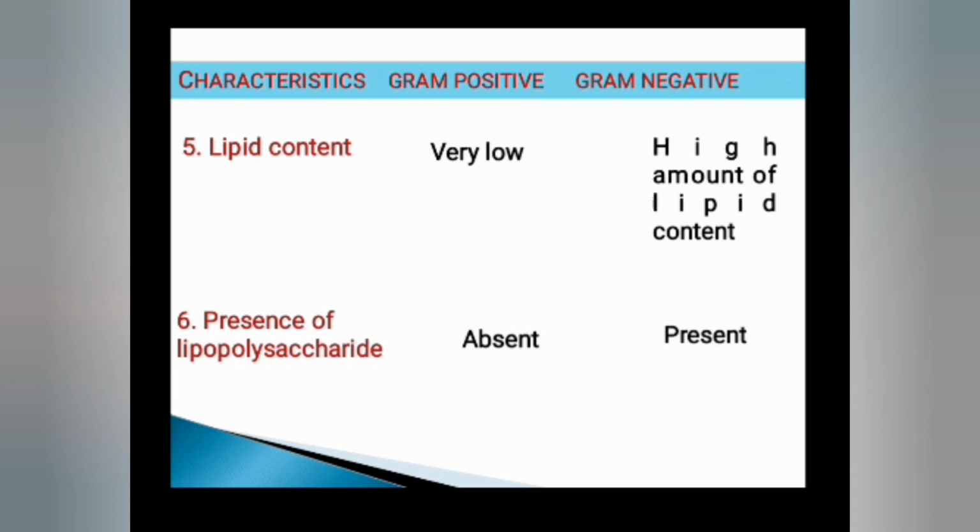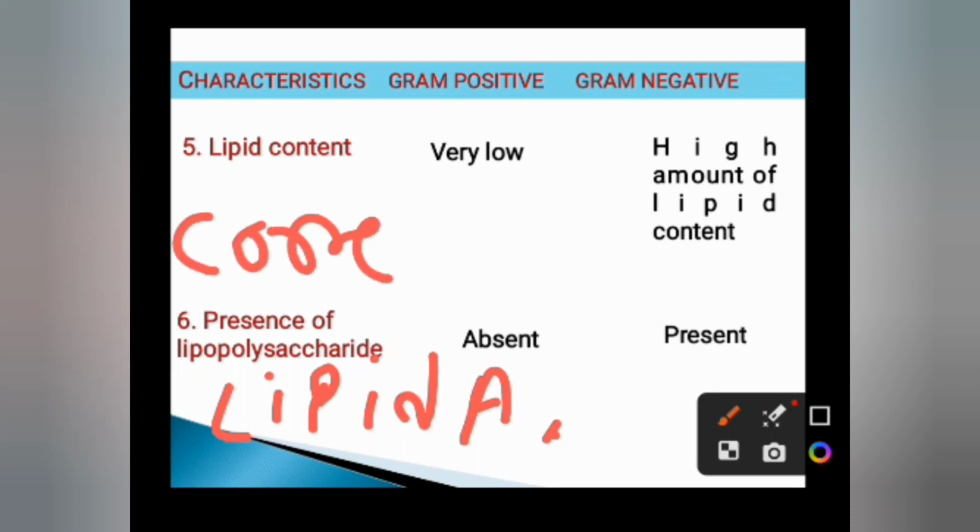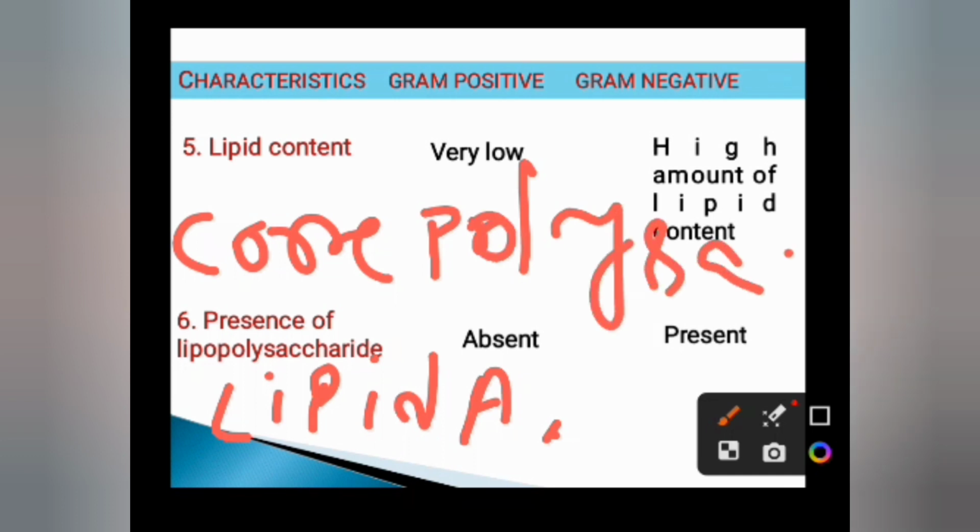Possibly the most unusual constituent of the outer membrane is its LPS, that is, the lipopolysaccharides. They are quite complex molecules, containing both lipid and carbohydrate, and consist of three parts. One is lipid A, second is the core polysaccharide, and number three is the O side chain.